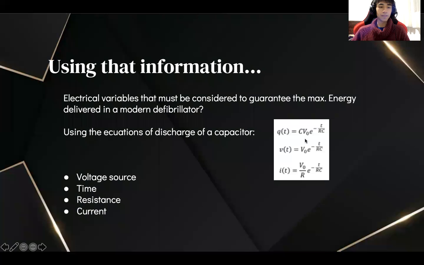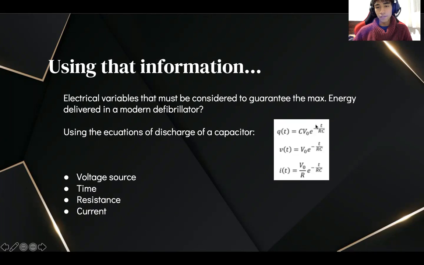That is the time of discharge of the capacitors. So using that information, which electrical variables must be considered to guarantee the max energy delivered in a modern defibrillator? We have to use the equation of discharge of a capacitor.